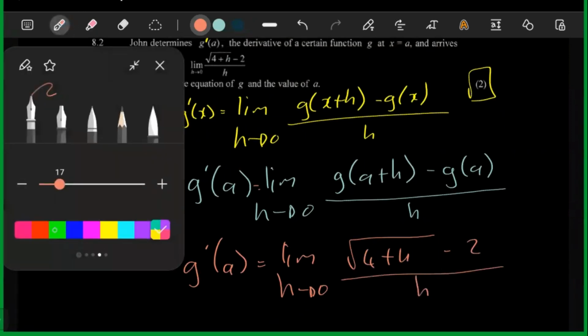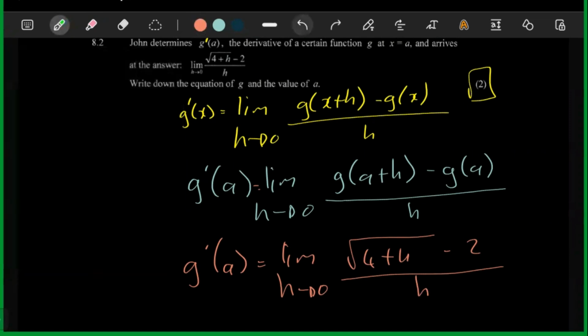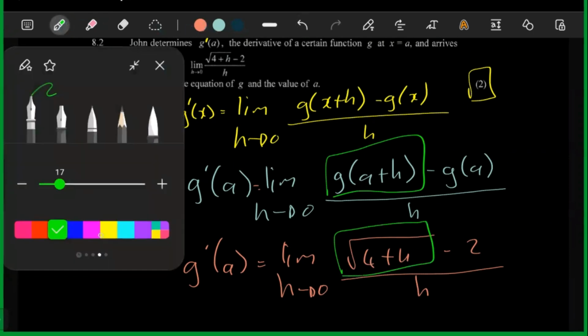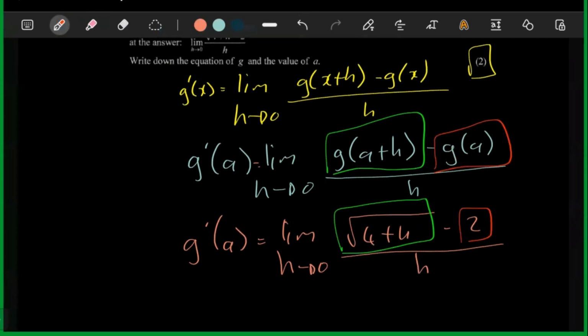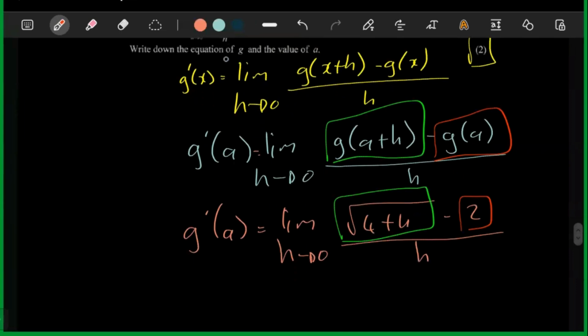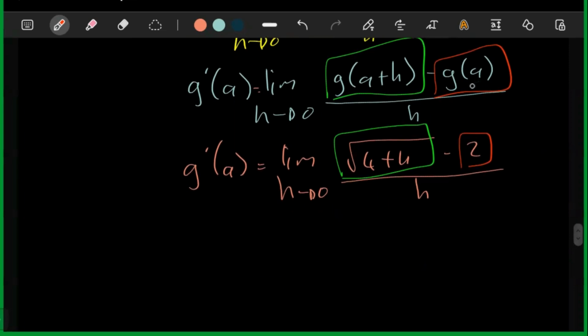Automatically in a situation like this, it's clear to see that this is equal to this, and then it is clear that this is equal to this. It says write down the equation of g and the value of a. So obviously here we're going to say the value of a.